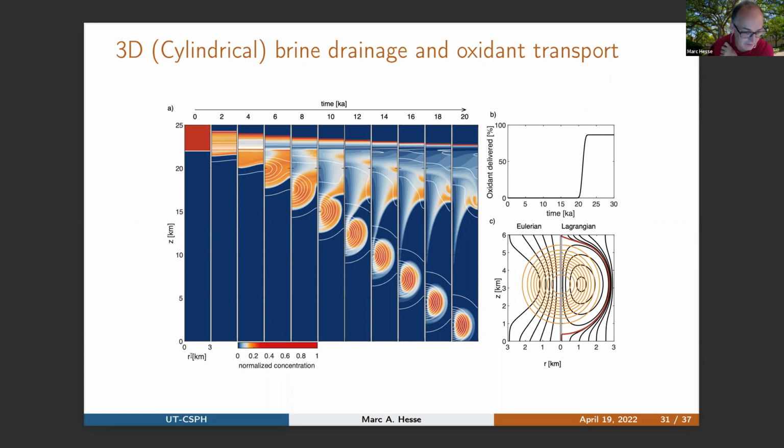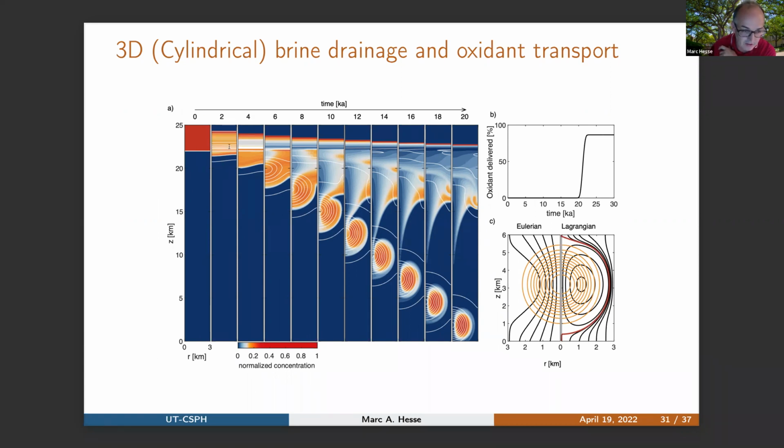It's the same idea. We have an ice shell of about 25 kilometers. The blue and red here is the normalized oxidant concentration, and I've massively saturated it just to help visualize the pattern. And in white, we have porosity contours.